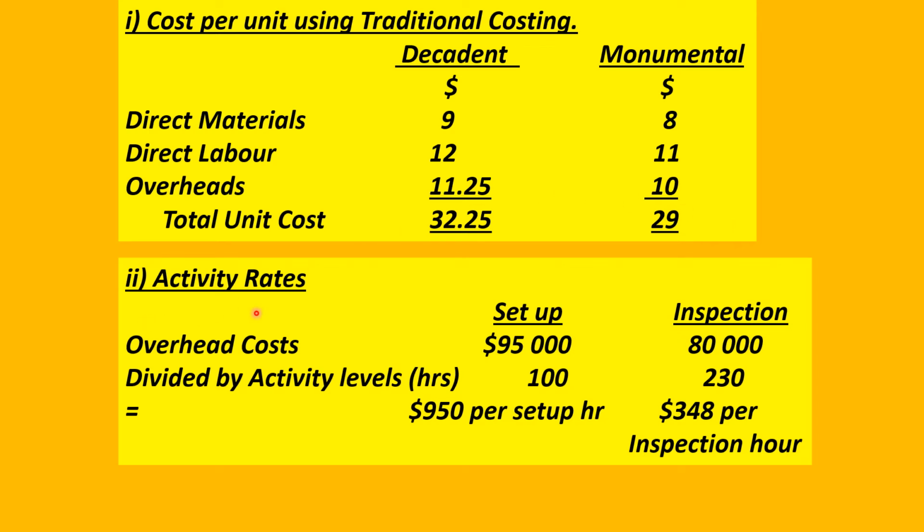Next we have the activity rates for setup and inspection. We divide the overhead costs by the activity levels and we get 950 per setup hour for setups and $348 per inspection hour.